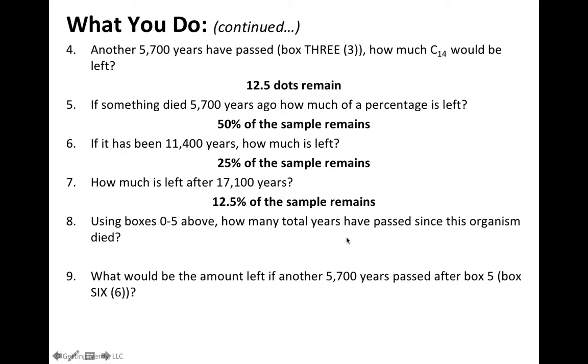All right, so you should have written your equation, and you would be correct if you had this equation. So there were 5 half-lives, because remember 0 was when they initially died, so it only broke down 5 more times, and each of those boxes represents 5,700 years. So you multiply those together and you get 28,500 years since death. Woohoo! That's a long time ago.